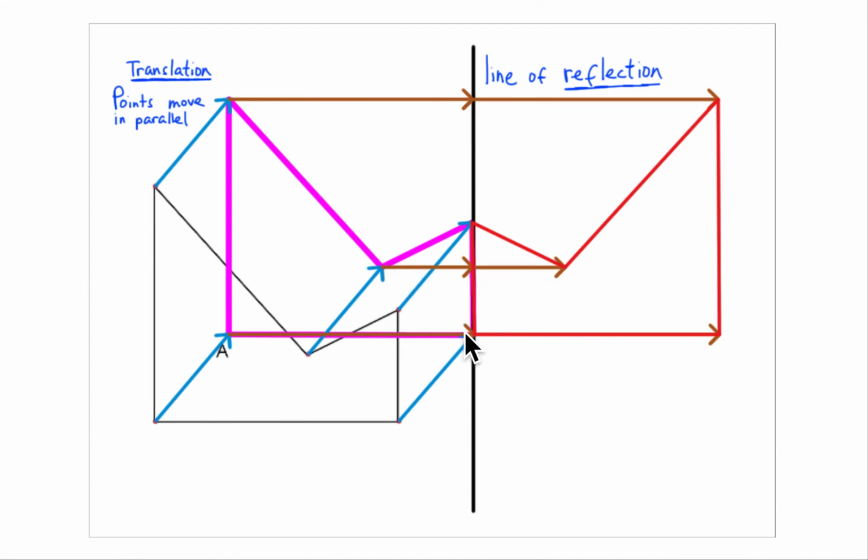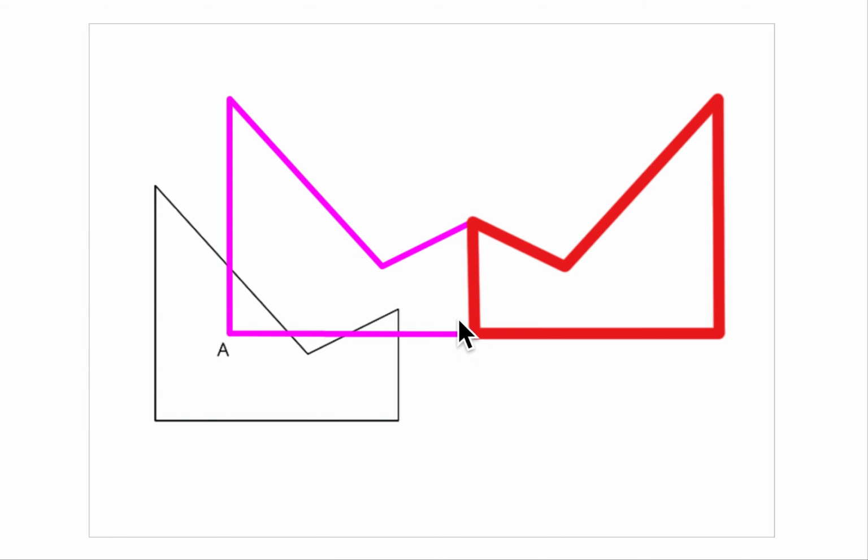So this is the translated image, this is the reflected image, and if you wanted to prove it was similar to this image, you would just reverse the steps. You could reflect this back and then translate it back. Or you could do the translation first, put this point right down here, and this could be the line of reflection. You reflect it back over.